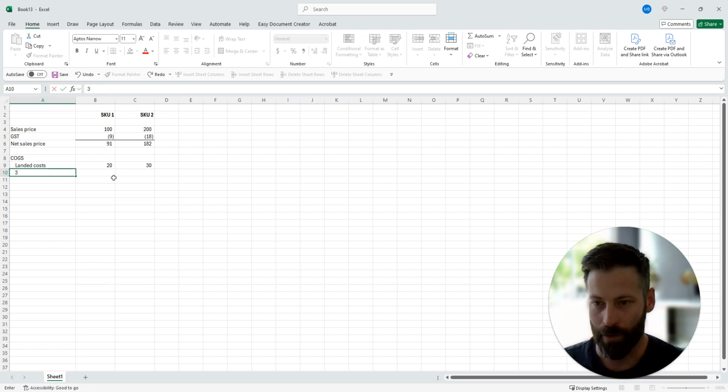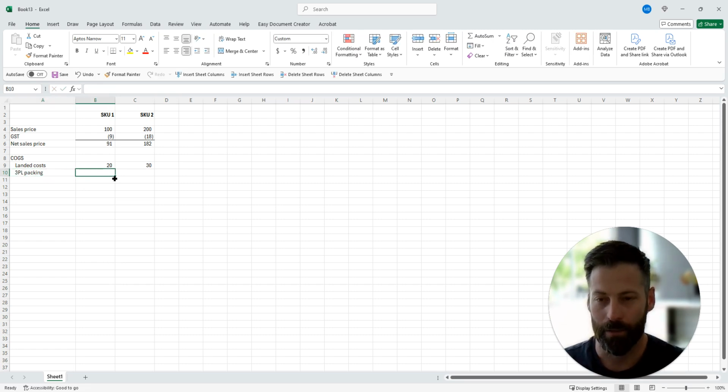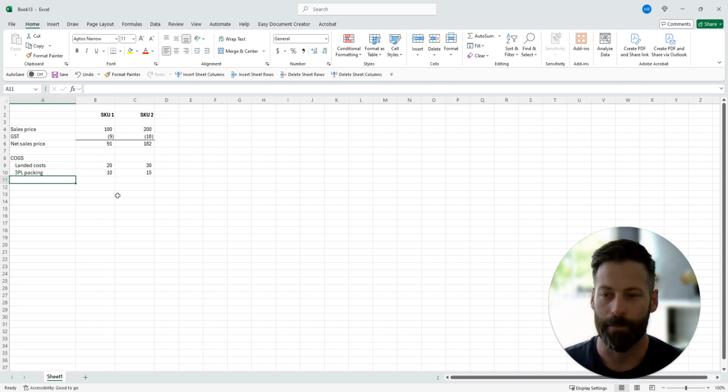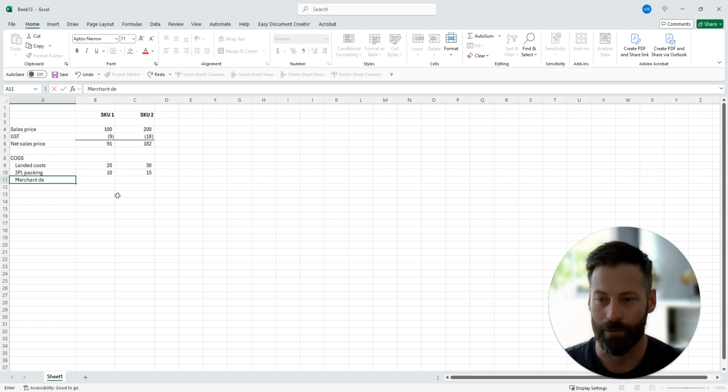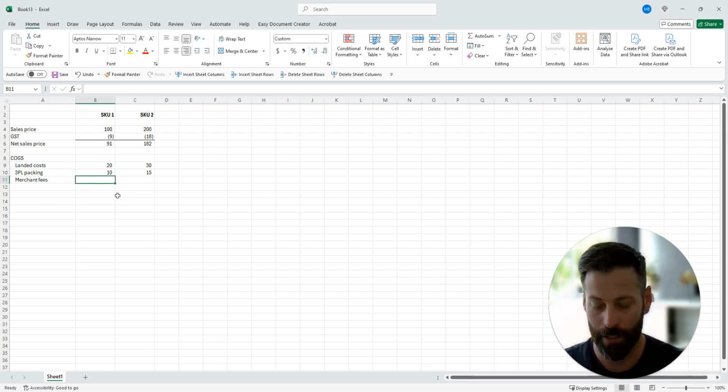So let's say we've then got packing costs for the 3PL, $10, and $15. I'm just making some numbers up. I'll talk to you in a second about where I would find these numbers. The next one is we're going to have some merchant fees to sell the product.